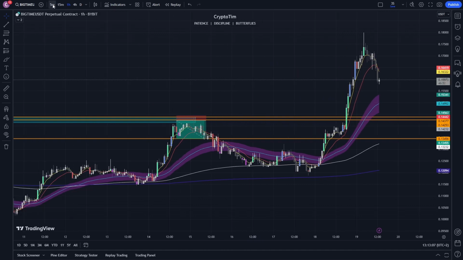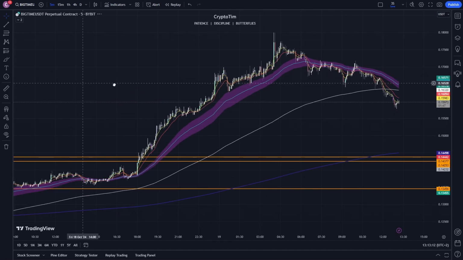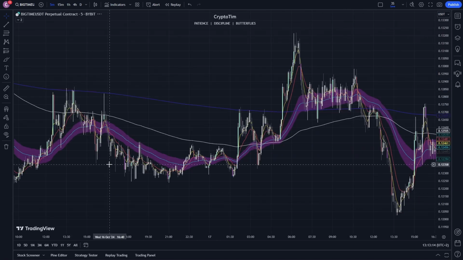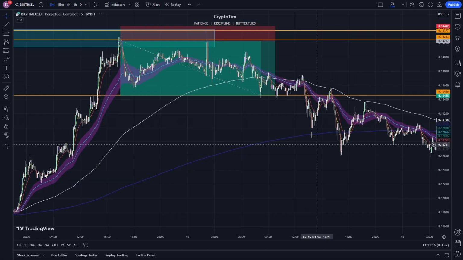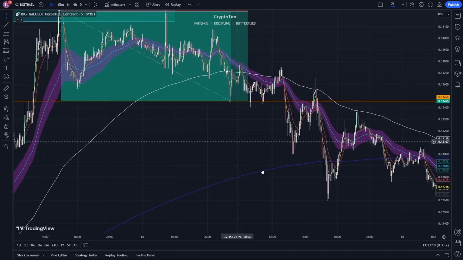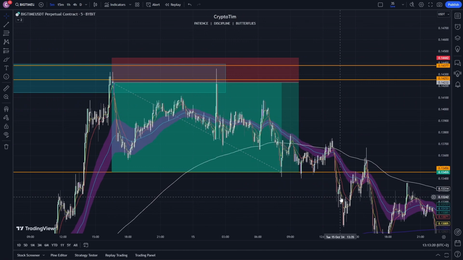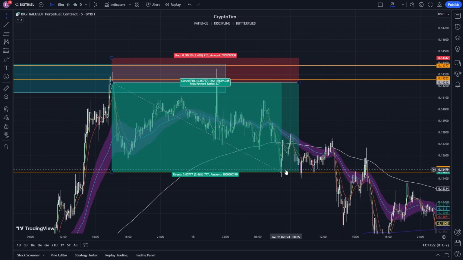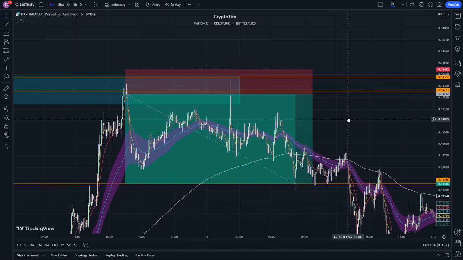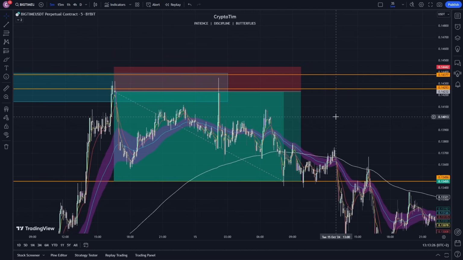Be happy with your take profits and don't look at what could have been. So we were looking for a scalping setup, which only took a couple of hours. We have found our scalping setup and we are out of the trade, no matter what happens after. So that was pretty much all that there was to this trade.